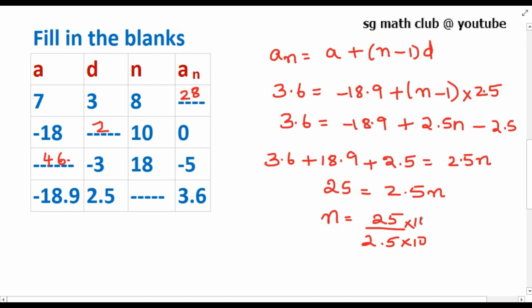When there is a decimal in the denominator, we need to remove that decimal. It is 250 divided by 25, which is equal to 10. So the 10th term of this AP is 3.6.